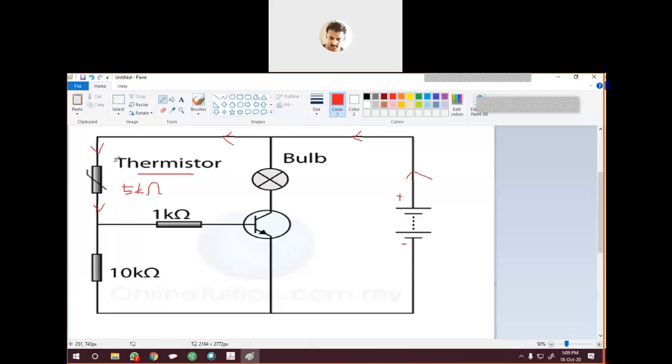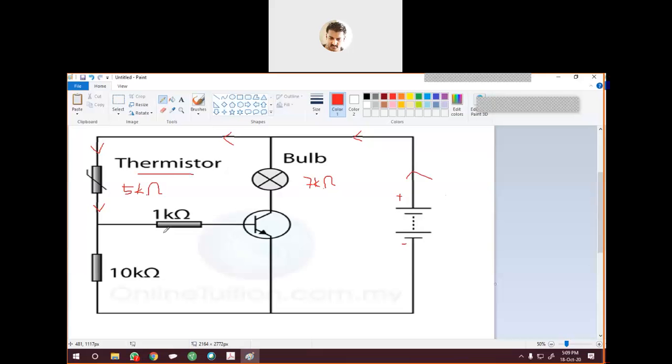Resistance here must be low, so this one should be around 7 kilo ohms. But the switch is open, and switch is open means current cannot flow. It's like a wire been cut off. So where do you think the current will go? The 10 kilo ohm or the 1 kilo ohm?